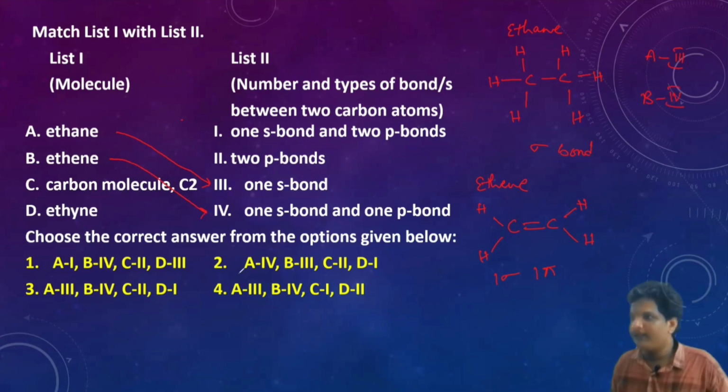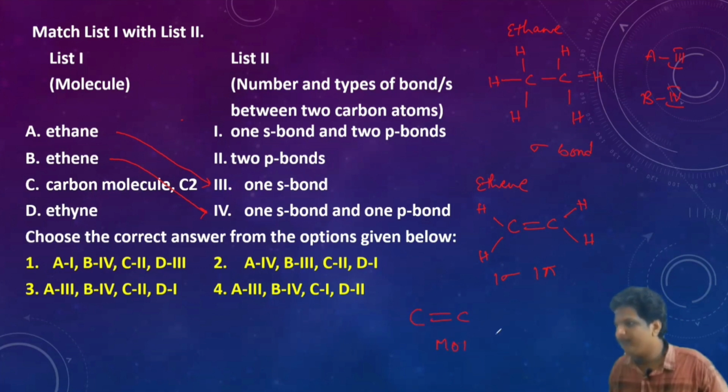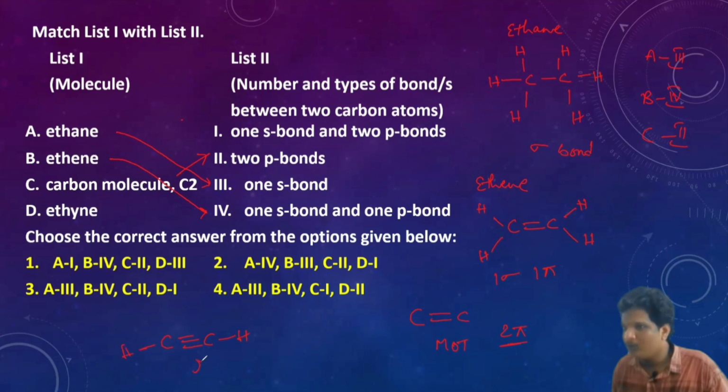Next, the carbon molecule, C2. In C2, according to MOT, we have 2 pi bonds, so C will be 2. Ethyne has C triple bond C, so we have 1 sigma bond and 2 pi bonds.